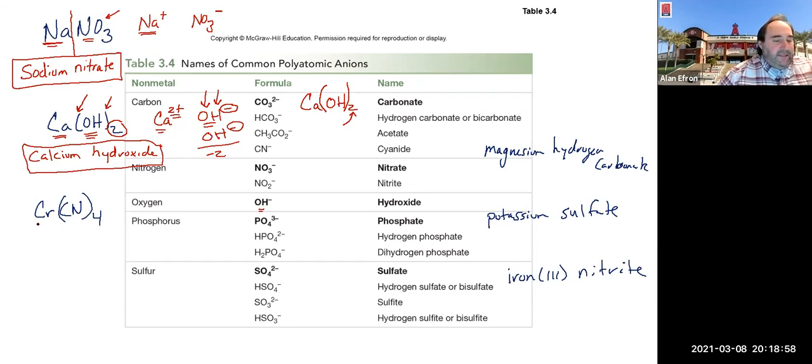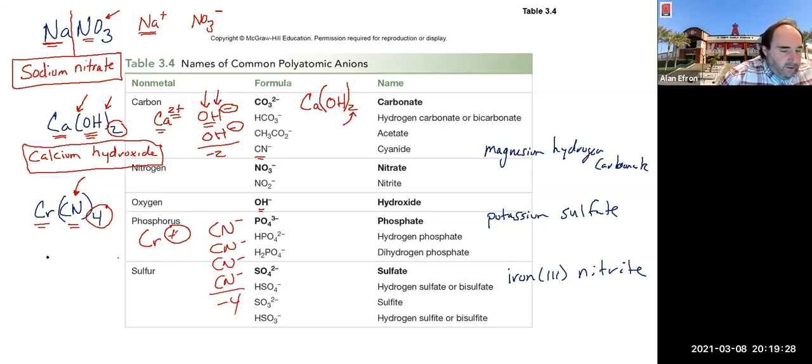Coming this way, I see Cr, which is chromium, a metal, and CN, which is cyanide. Cr is a transition metal, so I'm not sure what its charge is. But when you learn these polyatomic ions, you will know CN is CN minus, and there are 4 of them, which is a -4 charge, so the chromium has to have a +4 charge.